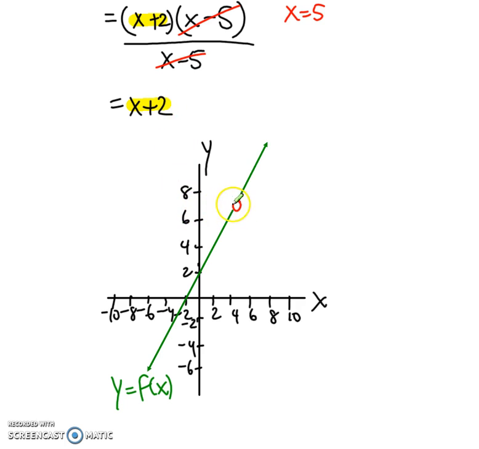Now, I can't put a solid dot there even though it is 7, because if I had originally put the 5 into the above step, I would have gotten 0 on the top as the numerator and 0 on the bottom as a denominator, and that would have been an indeterminate answer. So we do have to recognize that there shouldn't be an answer right here, even though if we put the 5 into the second step, it would still give us a number. Okay, so that's done. Fairly easy.